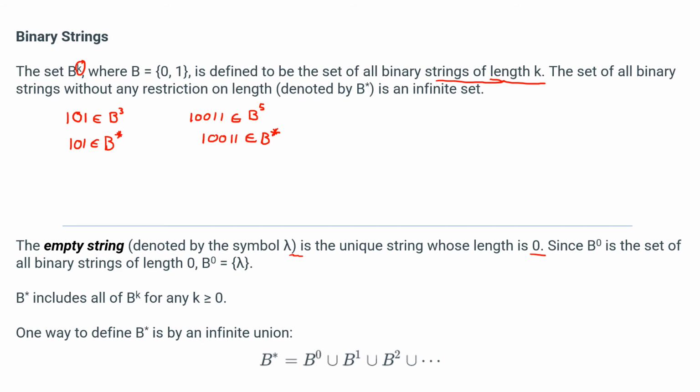B to the 0, union B to the 1, union B to the 2, all the way up to infinity. Again, that's just like we've seen before, a definition that's not really that great because we have to use dots there instead of a real specific definition. So we're going to find a better way to describe this set without having to use those dots. We're going to find a way to define the set of binary strings using a recursive definition.